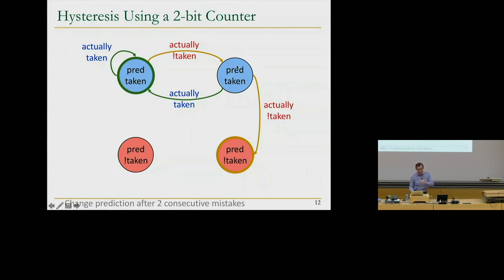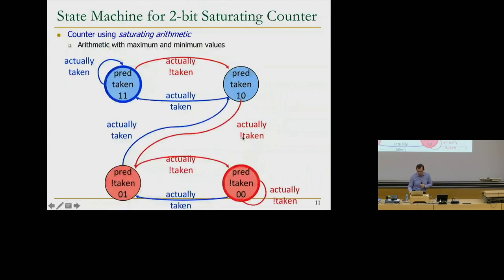In the next instance, you're going to predict the branch taken, and if it's actually taken, you save the misprediction compared to the last time predictor because you predicted it taken, and it's actually taken, and you go back to the strongly taken state. So basically, whenever you see an outcome that corresponds to your prediction, you make the prediction stronger the next time. Whenever you see an outcome that doesn't correspond to your prediction, you make the prediction weaker for the next time by changing states. And this is the only place where you actually transition.